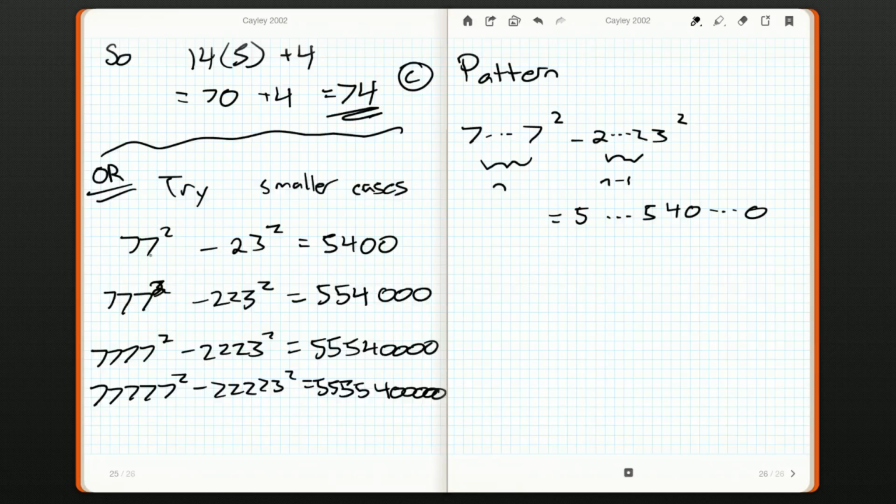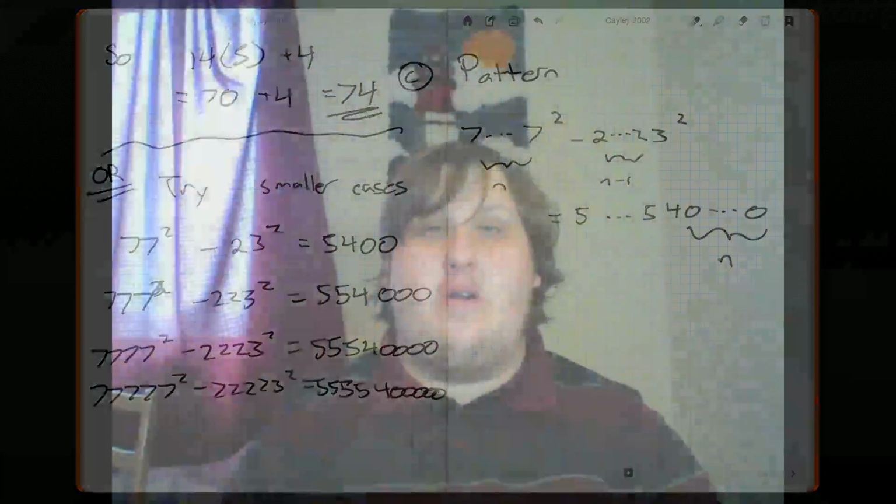So if I had 2 7s, I worked out to 2 zeros. If I had 3 7s, I worked out to 3 zeros. So it'll be n many zeros. And this tracks with what we already learned with our first technique. We had 10 to the 15, so it ended in 15 zeros. How many 7s did we start with? 15 7s. Okay, so we've worked out the actual pattern.